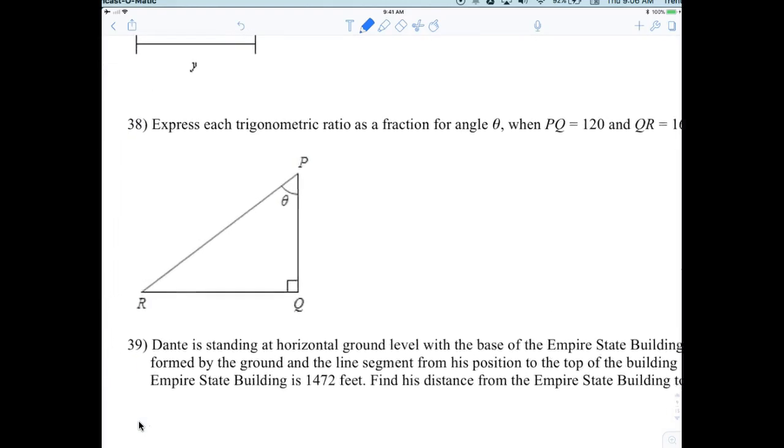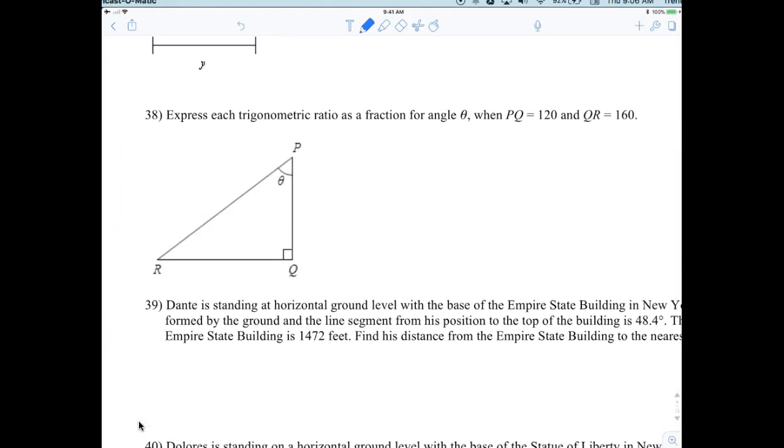All right, here we go. You're doing the trigonometric ratio, like sine or cosine. So basically what they're asking is this.